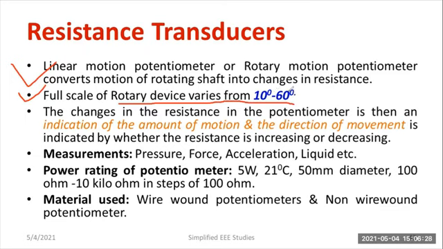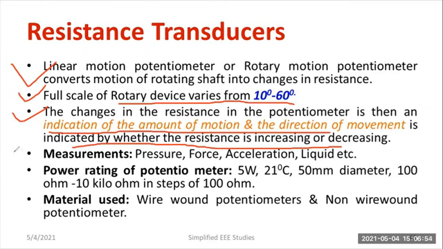It may be in the range of 0, 10, 20, 30, likewise. And the change in the resistance in the potentiometer is then an indication of the amount of motion and the direction of movement. That is very clear. You have to underline this particular point. That is indicated by whether the resistance is increasing or decreasing. That also can be obtained from the resistive transducer.